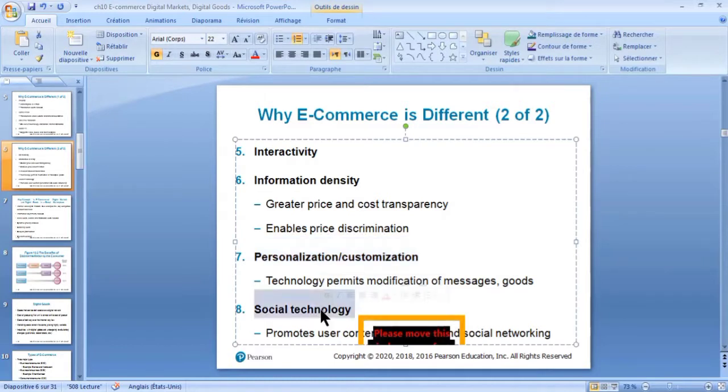The following feature is social technology. The internet technologies allow users to create and share with their friends content in the form, for example, of text or a video or music or photos. Using these forms of communication, users are able to create new social networks and strengthen the existing ones.